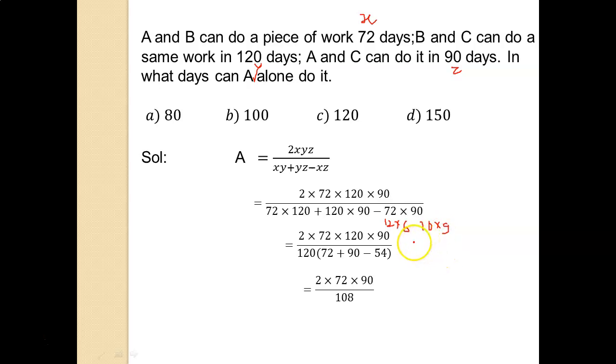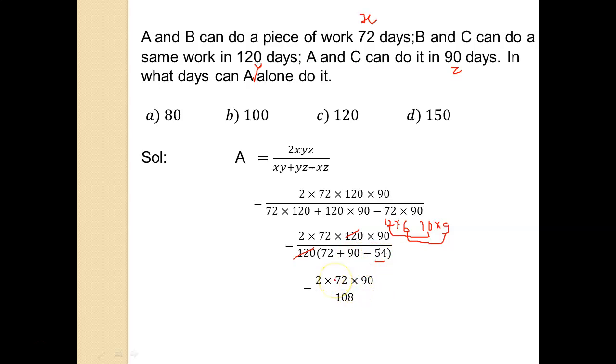Which numbers have product 120? 12 and 10, the product of 12 and 10 is 120. 120 is common, so the remaining term is 6 into 9, that is 54. So put here 54. Now obviously 120 cancels from numerator and denominator. Then the remaining term is 2 into 72 into 90 in the numerator, and the denominator calculation is 72 plus 90 minus 54, that means 108.